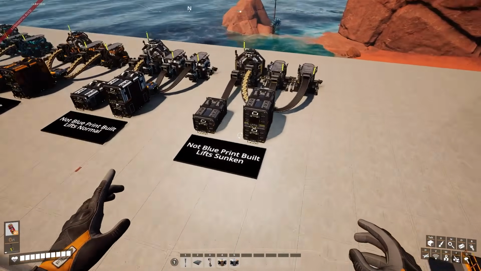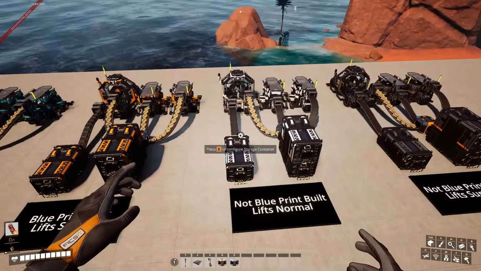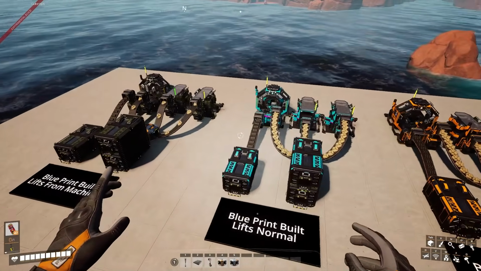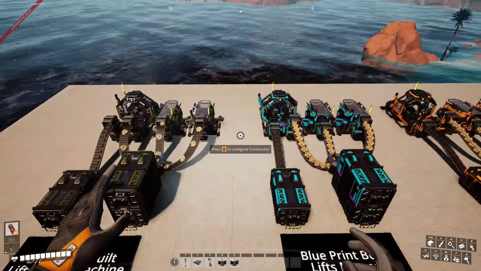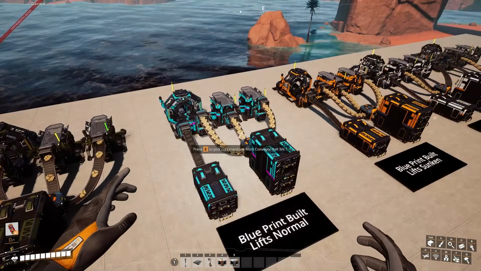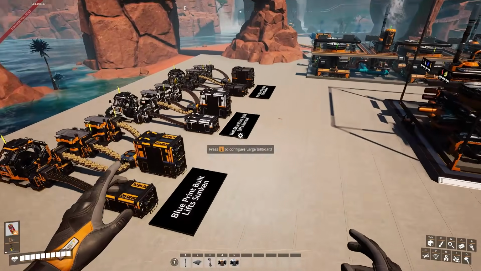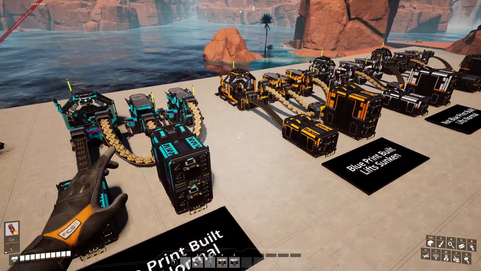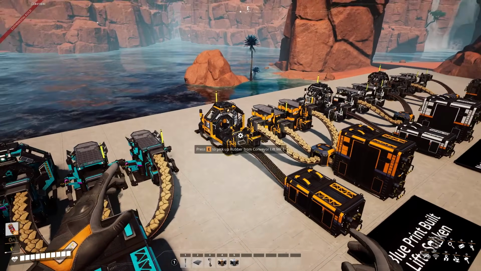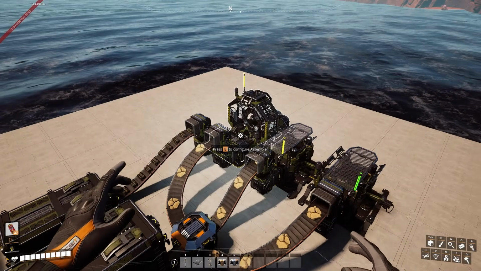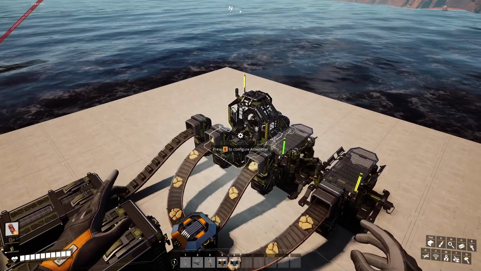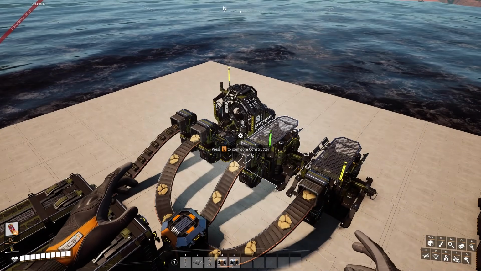So, anyway, hopefully this is helpful. I don't know if there is a fix, when there will be a fix, but it's fairly significant if you're a person that uses a lot of blueprints and does that sort of method of connection, right? Again, I showed on this one, as long as you're connecting to the machine first in the blueprint, it doesn't matter.